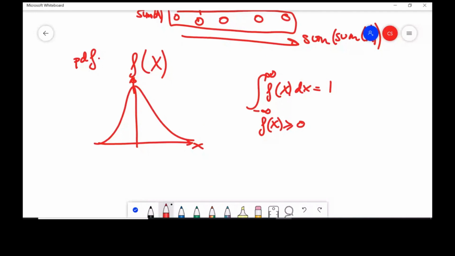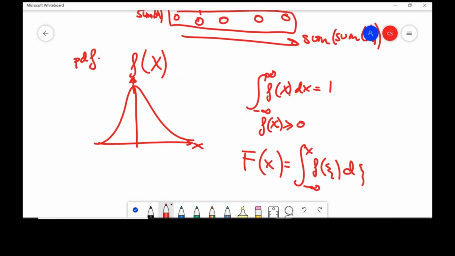There is another function that is very useful when you work with random variables. Which one is that? The cumulative density function. The cumulative density function in general is defined in this way. The cumulative, now capital F, is the integral from minus infinity to x of the probability density function of the random variable.